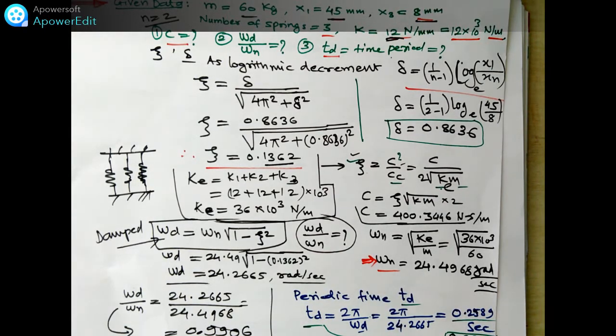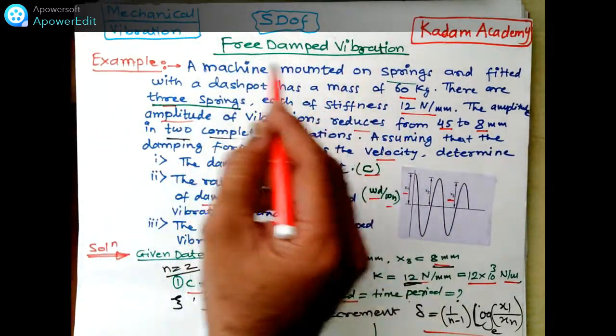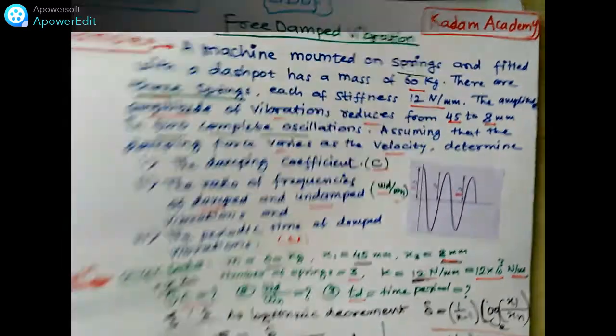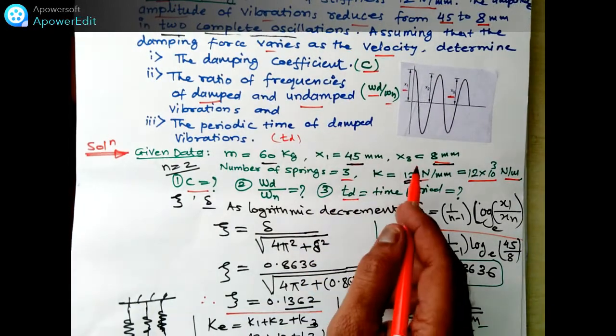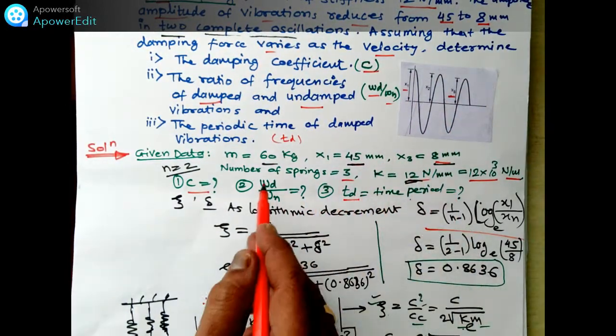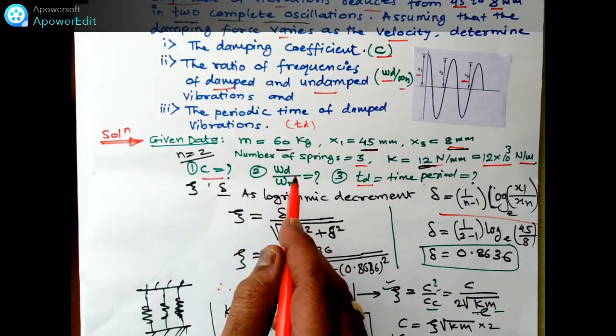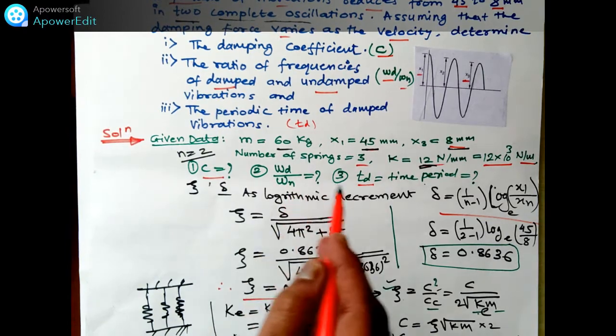So friends, I will show you in short. This is the numerical on free damped vibration. All the values are given to you: M, X1, X3, and K. What do we have to find out? The damping resistance, the ratio of the damped frequency to the natural frequency, and the time period.